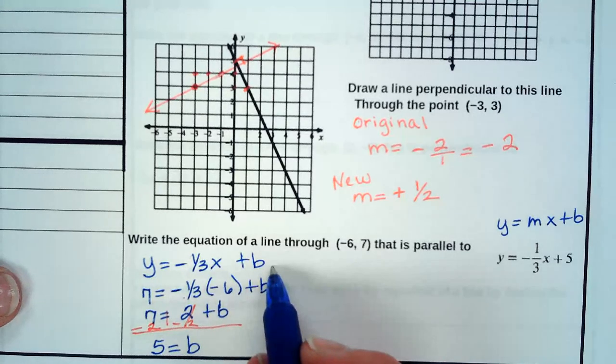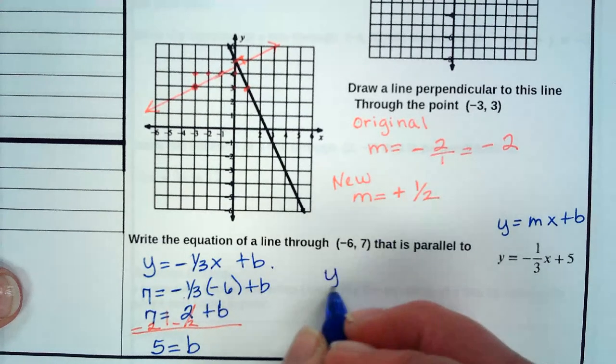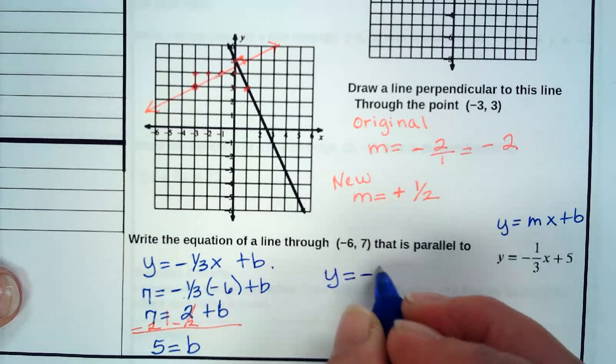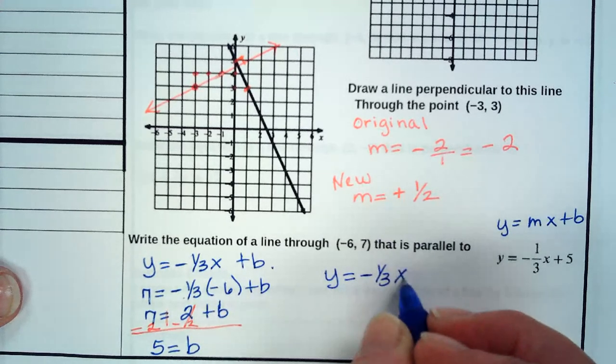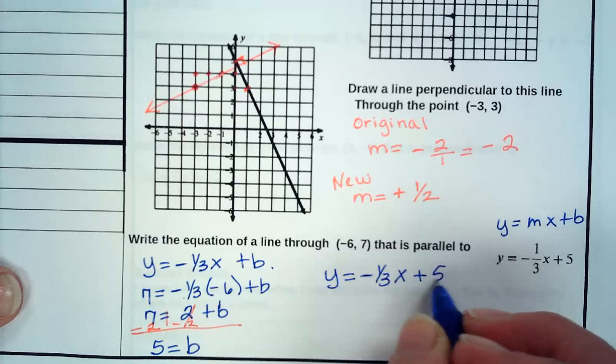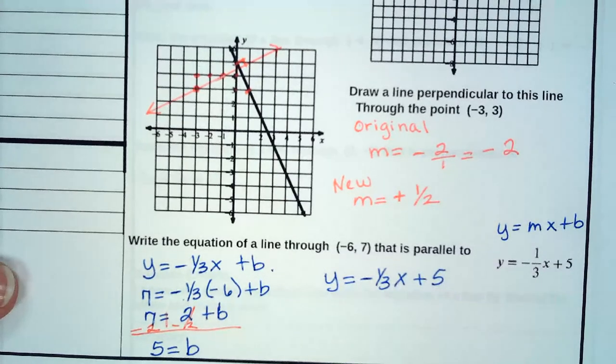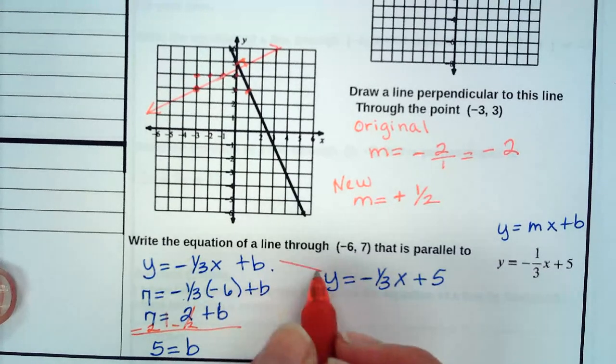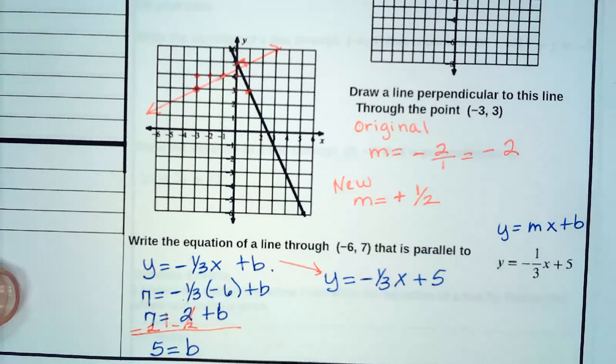Now, I'm ready to substitute it in that generic equation. y is equal to negative 1/3 x plus 5. Okay, if you're still struggling to understand, back the video up and watch it again.